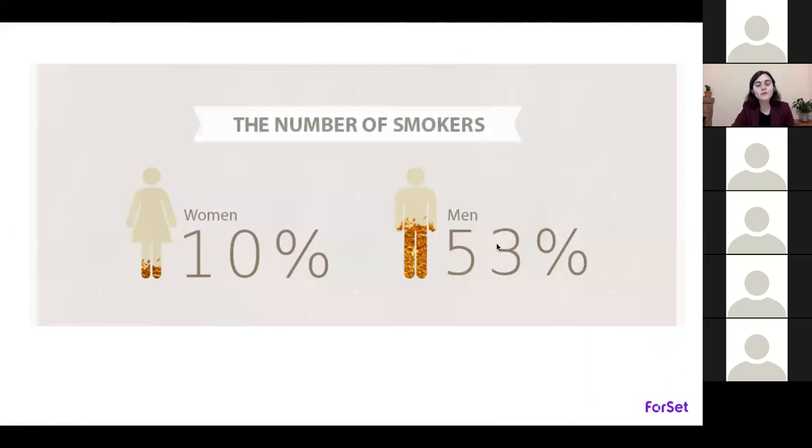The same goes for this one. This is also created by our team. So we want to visualize that 10% of women are smoking and 53% of men are smokers. However, again, the way we decided how much of this shape we were going to fill with the tobacco leaves was just intuition.